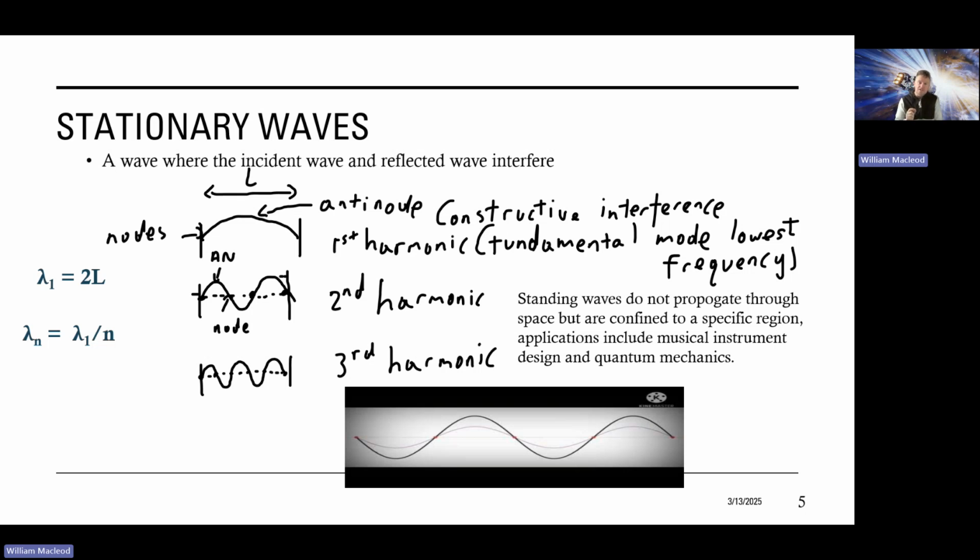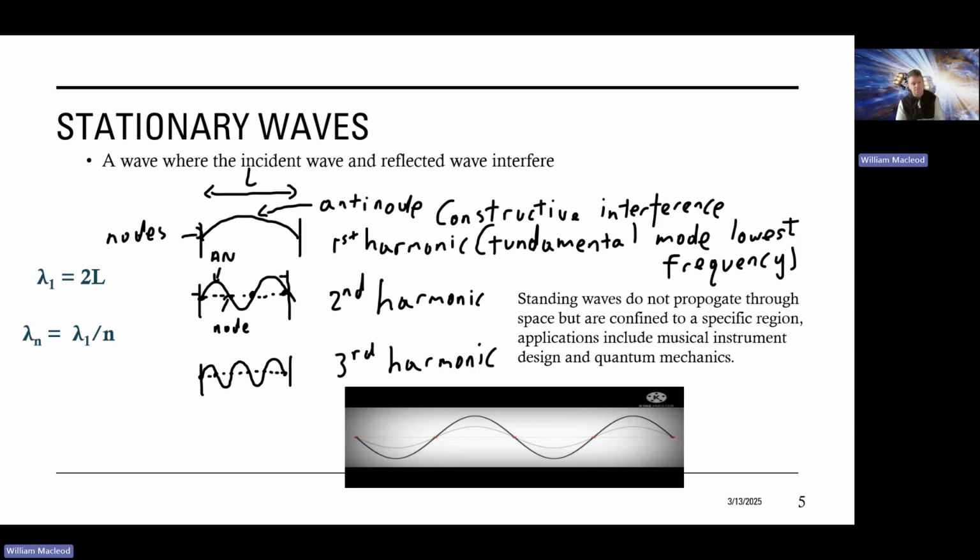A couple of definitions. The node is when the amplitude is 0, and the antinode is when the amplitude is at a maximum. So, as we can no doubt see from those diagrams, only certain wavelengths are actually allowed in standing waves. Only certain frequencies, only certain wavelengths are allowed.